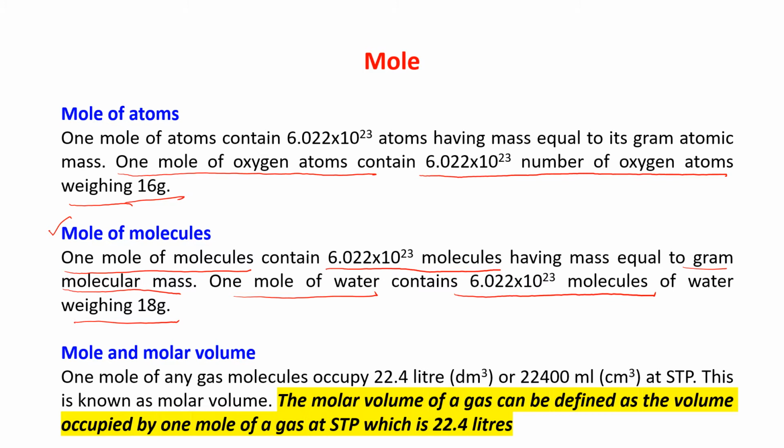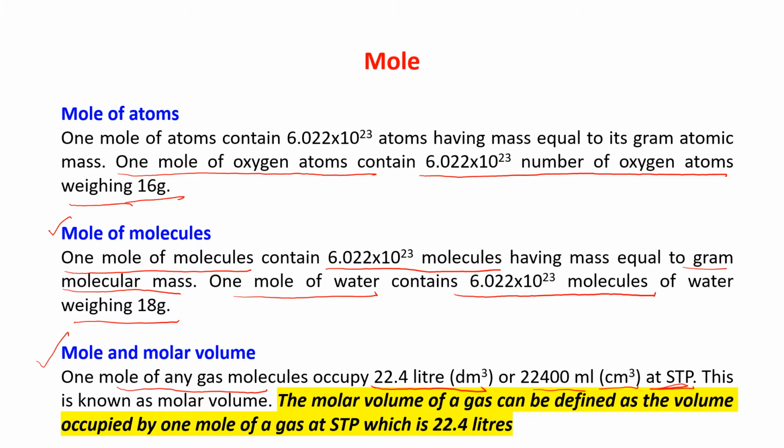Am I clear? Now, mole and molar volume. 1 mole of any gas, this is very important, occupies 22.4 liters or decimeter cube, liters and decimeter cubes are the same, or 22400 milliliter or centimeter cube at STP.